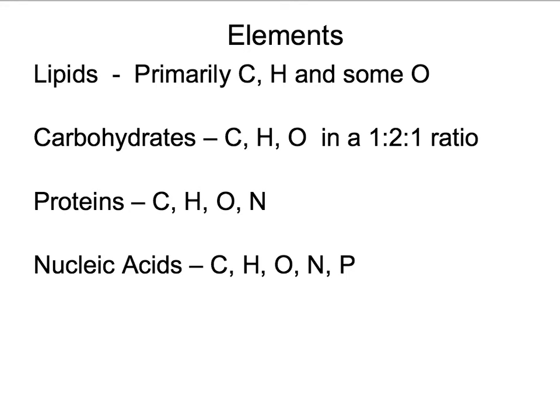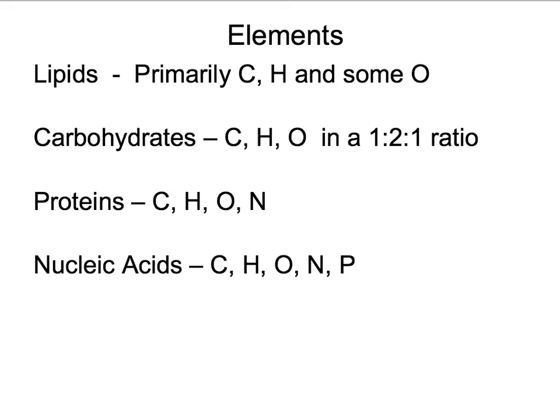Alright, within these biomolecules are specific elements: carbon, hydrogen, nitrogen, and oxygen. Lipids are made up of primarily carbon, hydrogen, and oxygen. Their symbols on the periodic table are C, H, and O. Carbohydrates are made up of C, H, O, carbon, hydrogen, oxygen, and they will always be in a 1-to-1 ratio, but there's lots of different combinations of those ratios.